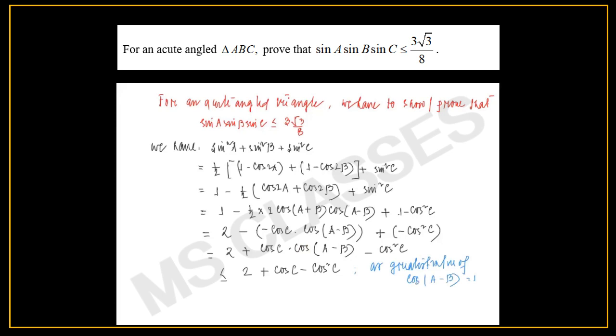So that is the reason why we have written less than or equal to. Now this one we can further simplify and we can write 2 minus cos square C minus cos C.